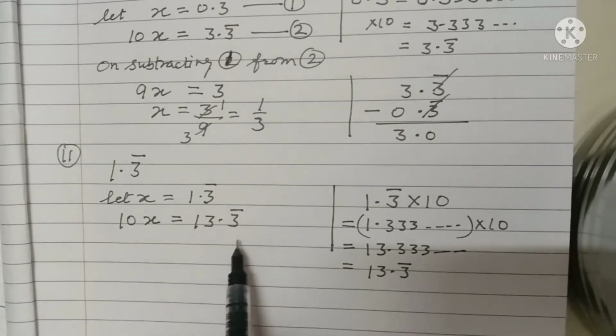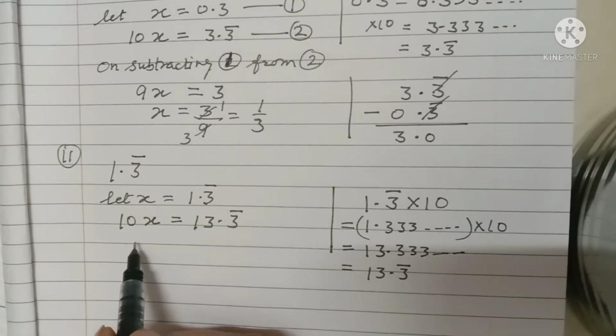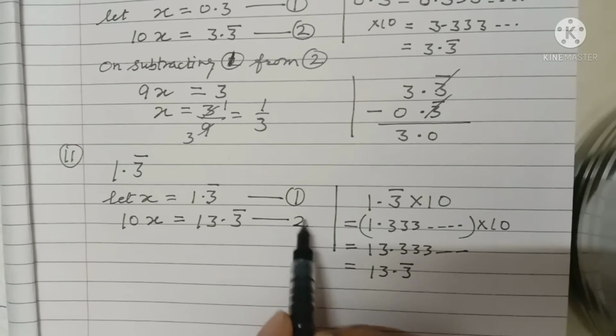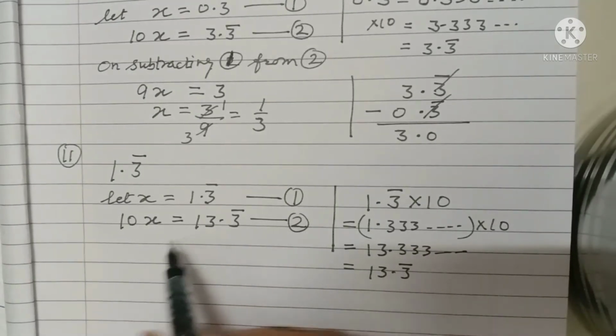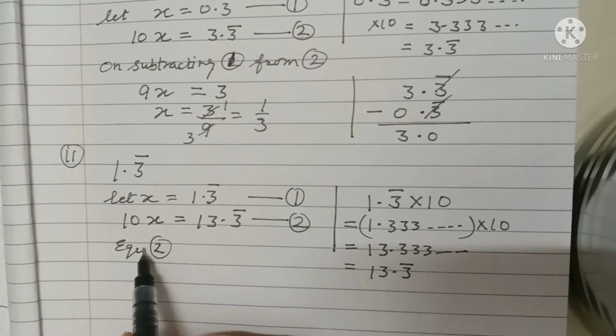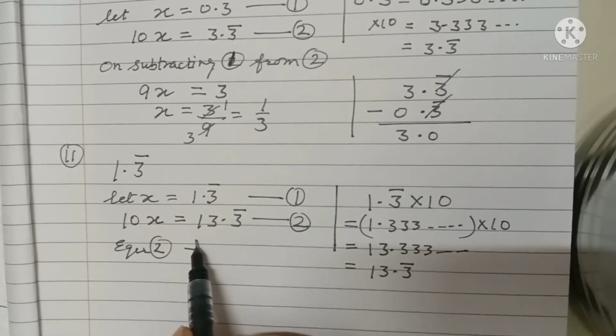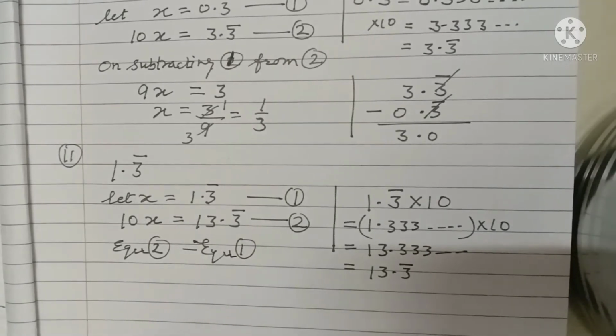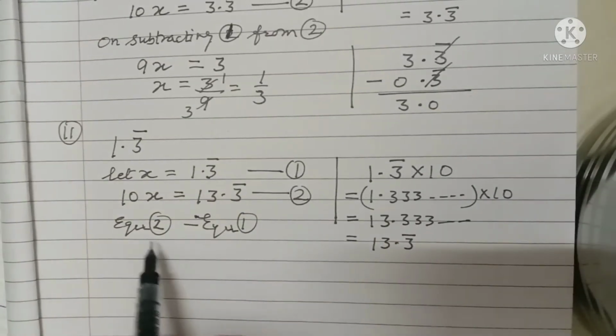Now suppose this is equation first and this is second, and same here, equation second minus equation first, as we did in part 1.